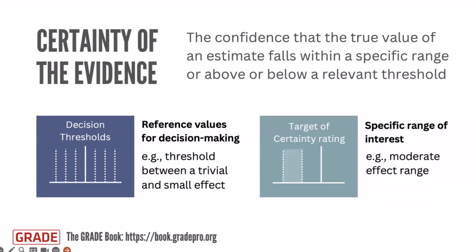Because we are now defining the certainty of the evidence in relation to a range, we first need to decide where our thresholds are, because the thresholds define and circumscribe the range. For example, thresholds between trivial and small effects, small versus moderate, and moderate versus large. Then we assess where the certainty of the evidence is.